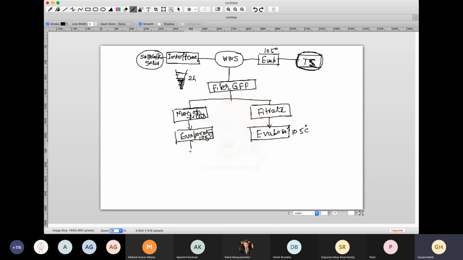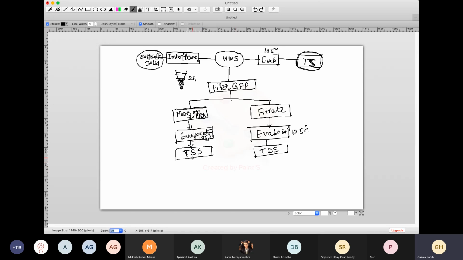It will get dry, and what would be the final outcome from this? The final outcome from this would be total suspended solid. All the water or anything which is not suspended will evaporate. Here I will have total dissolved solid.